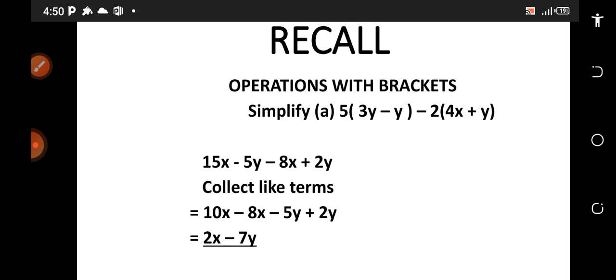So 15x minus 8x gives us 7x, and minus 5y plus 2y gives us minus 3y. As simple as everything. Let's move further.